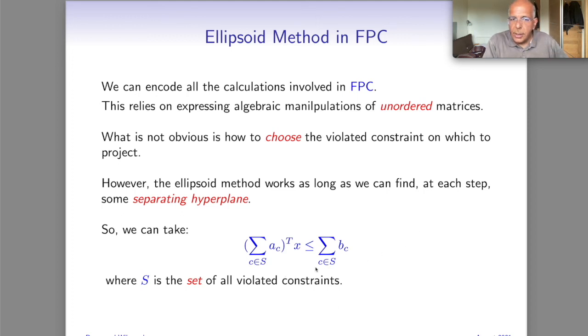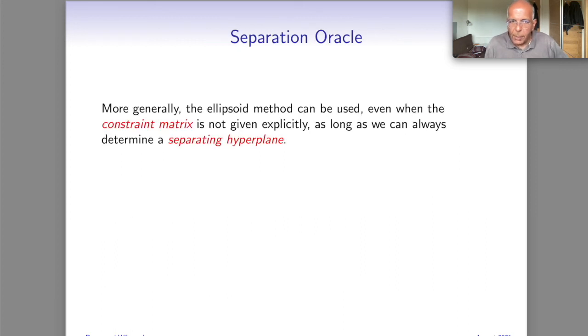So this gives us our separating hyperplane. Okay. That's the essence of the idea, where now essentially what I've argued is if I give you a relational structure which codes a linear program, you can determine whether that linear program is feasible or not, and there's a single FPC formula that does that. Okay.